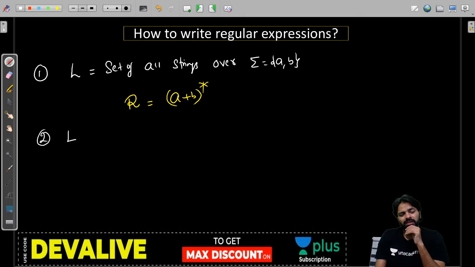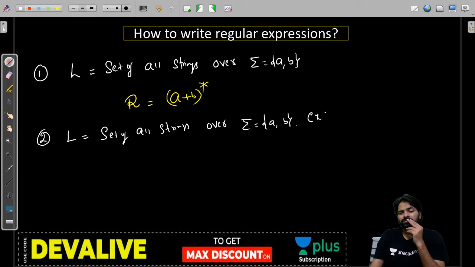Number 2. L is equal to the set of all strings except the empty string, guys.